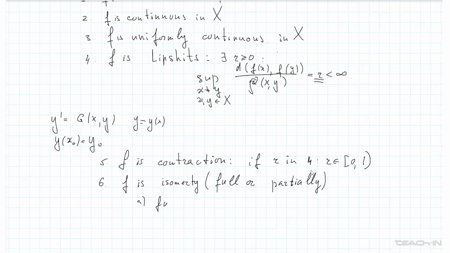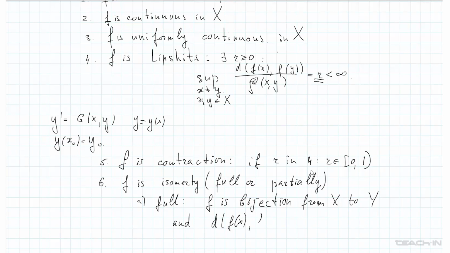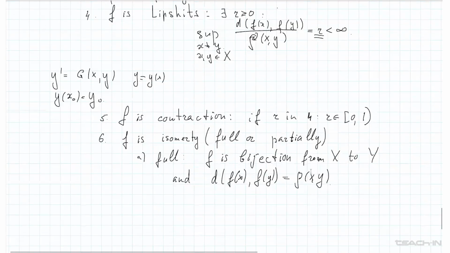So a full isometry is a map F from X to Y that is an isometry and a surjection. A partial isometry is when F is not a surjection.